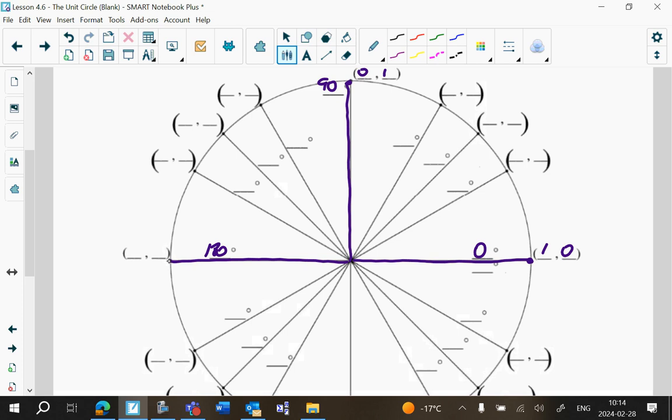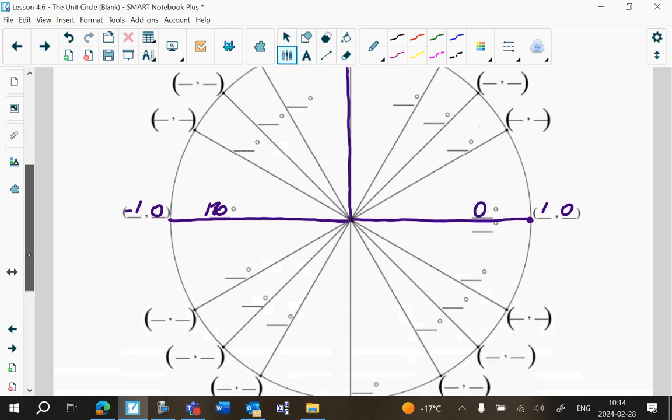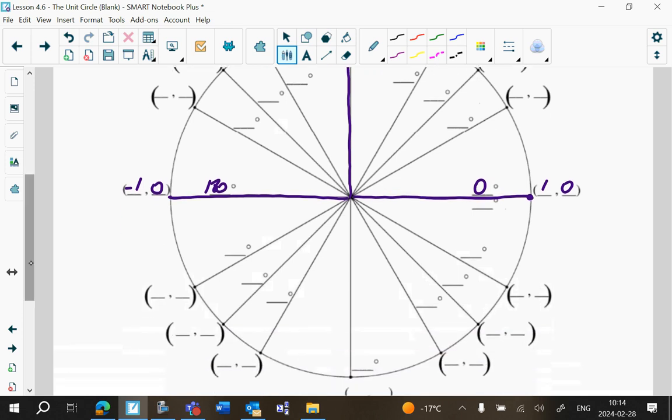Negative 1, 0. What if we went 3/4 of the way around? What angle is that? Not 360. 270. What's the point on the unit circle? 0, -1. Correct.